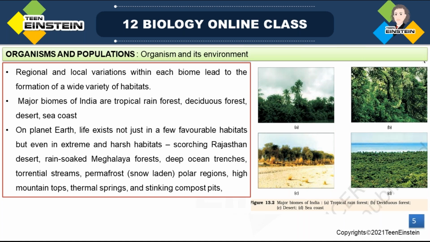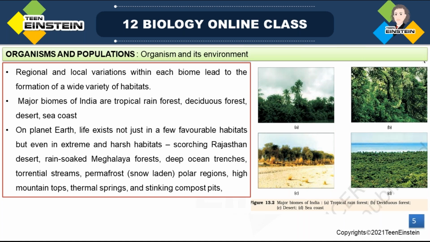Next, there is a wide variety of habitats, and that is formed due to local variations and regional variations. There will be variations in temperature and climate from one region to another. If you move within the same state, you can see different climatic conditions, right?